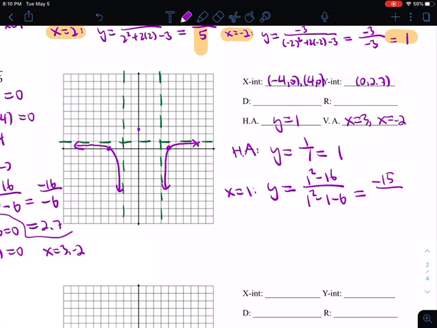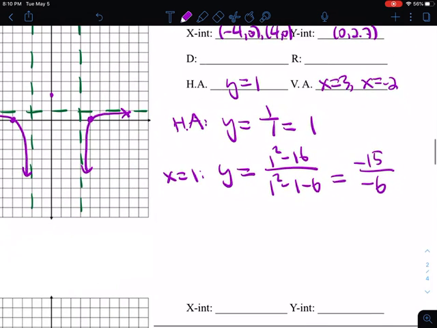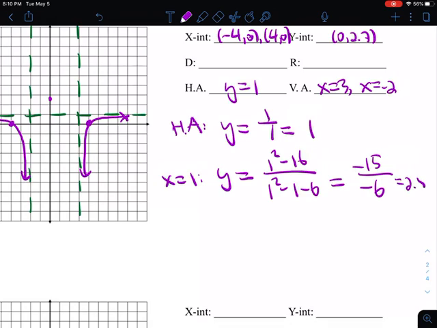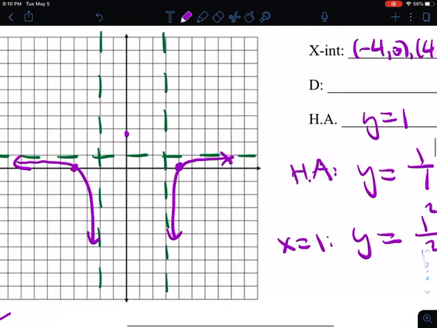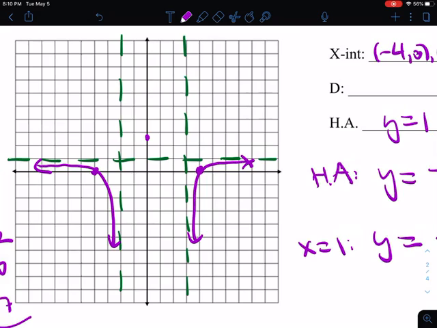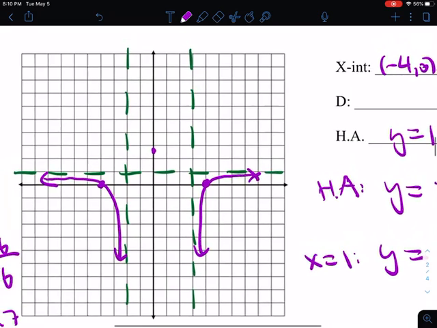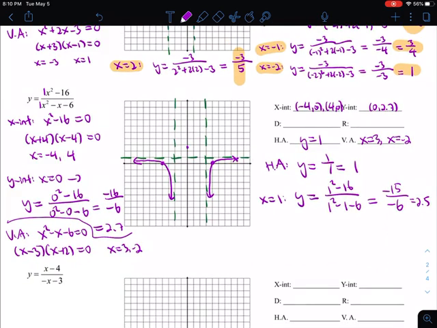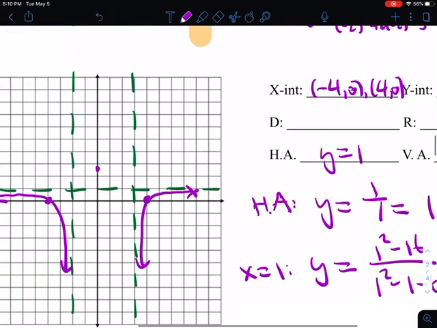So that's going to be negative 15 over, let's see, negative 6. And then plug into your calculator. I get 2.5. So when x is 1, y is 2.5. So that's about where the other point is, a bit slightly lower, I think, because the other one was 2.67.